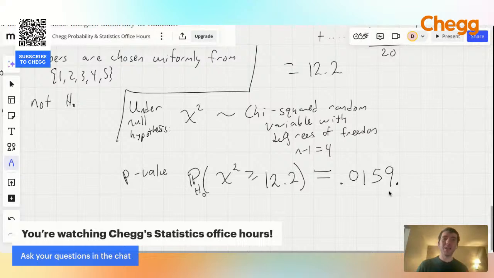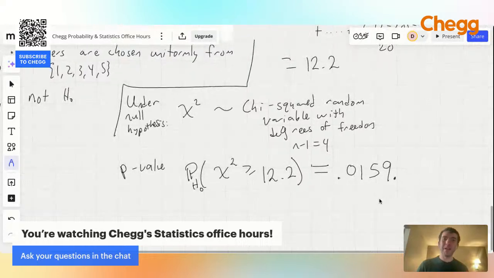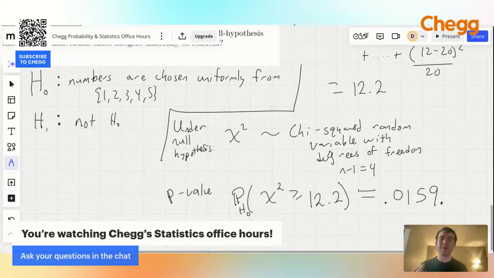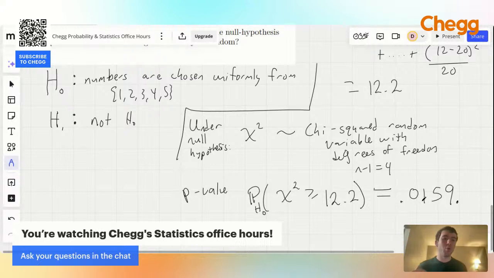Let's see. Does anybody want to say in chat whether or not we should reject the null hypothesis, that these numbers were chosen uniformly at random, given this p-value of 0.0159? Is that sufficient to reject, typically?